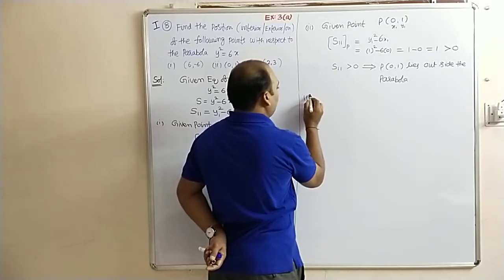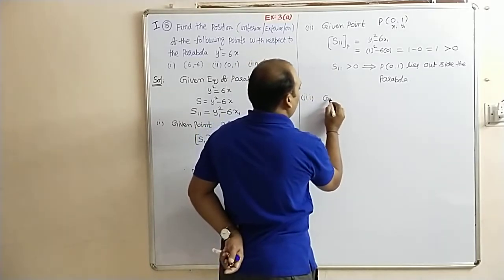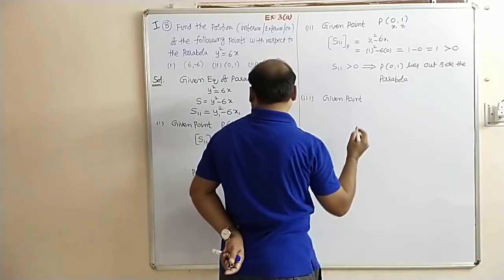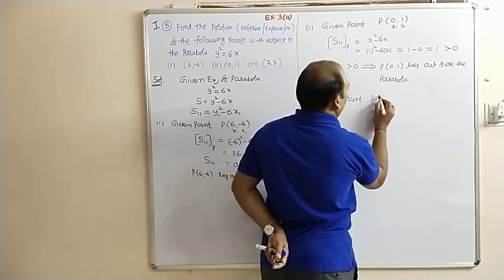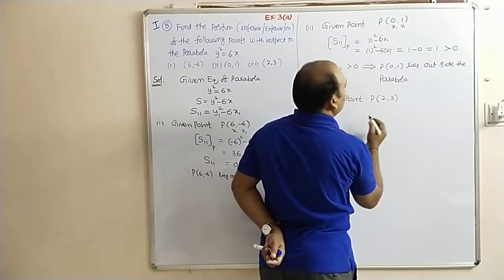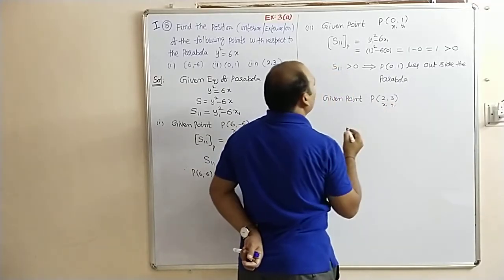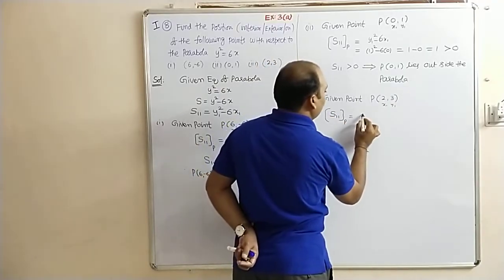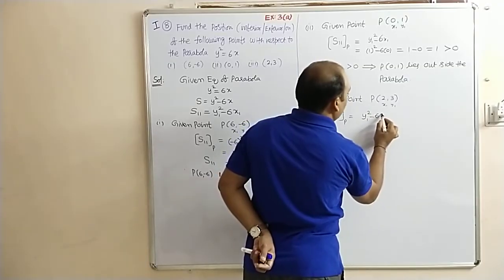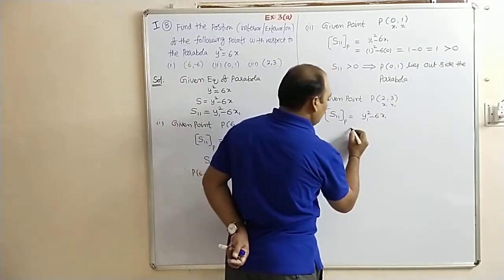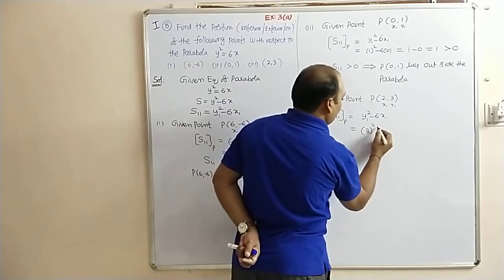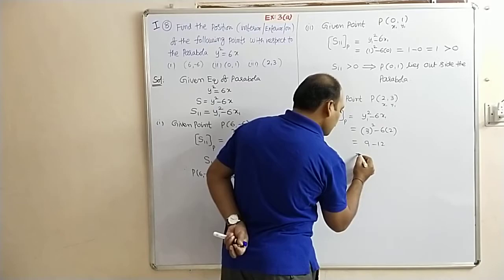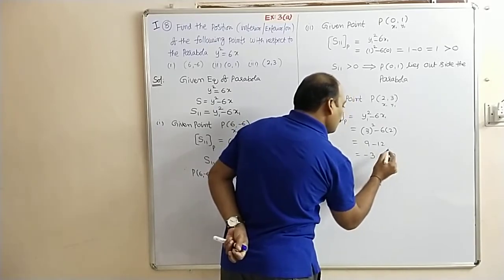So come to the third one. Given point P of (2, 3), S11 at the point P is y1 square minus 6x1. Substitute the values 2, 3 here. So 3 square minus 6 into 2, which is equal to 9 minus 12, which is equal to minus 3, which is less than 0.